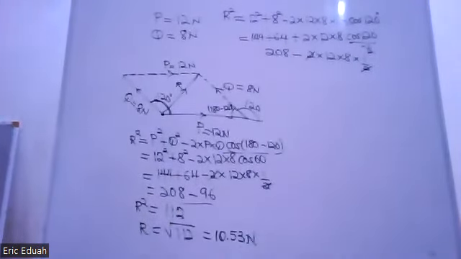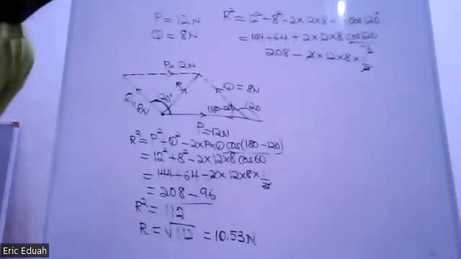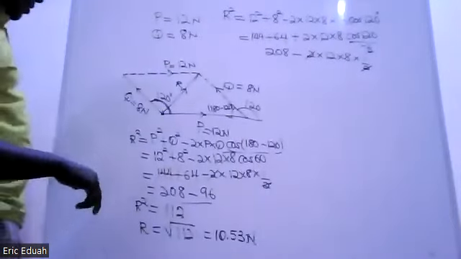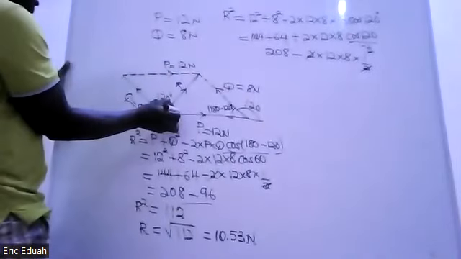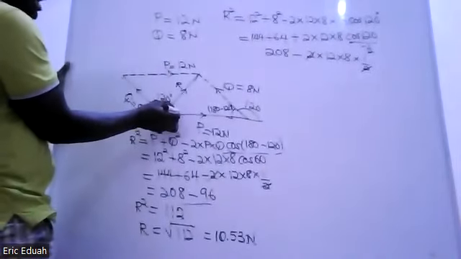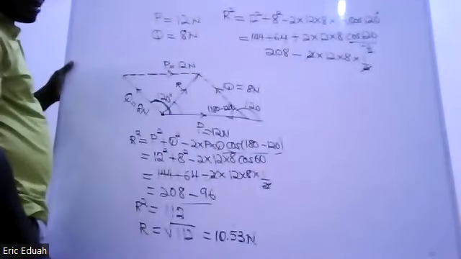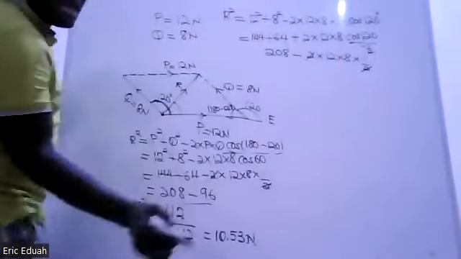Angle. Let's look at the angle. Here, the angle can be two in one. The angle the resultant makes with the x-axis, which is east in terms of bearing.